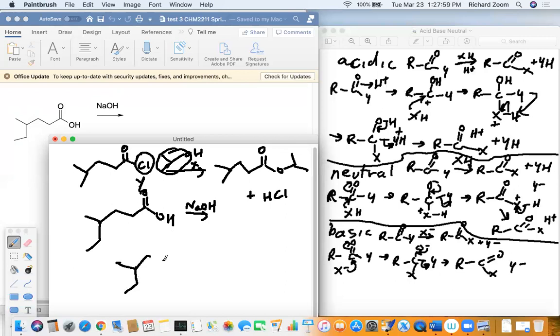It's very simple. I told you it's on every single test. Carboxylic acids are simply acidic. They react with bases to form the anion, which is this. That's it. That's all that happens.